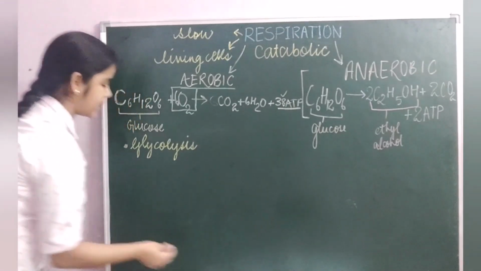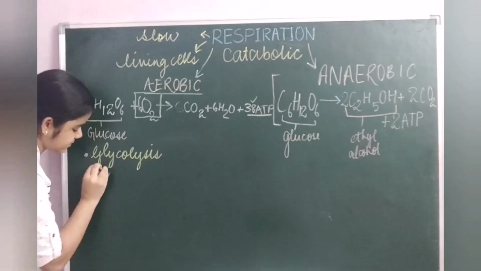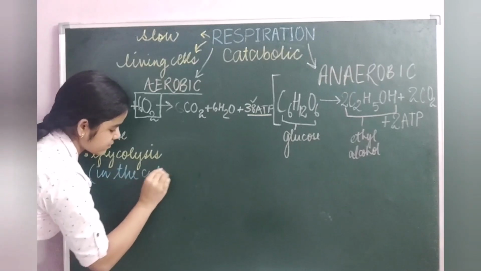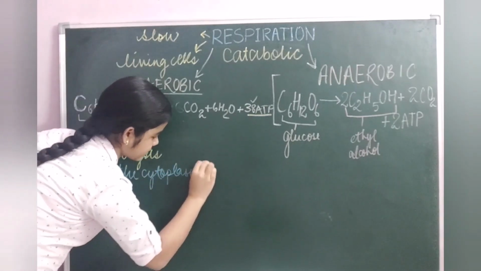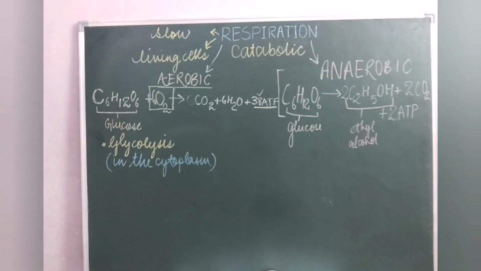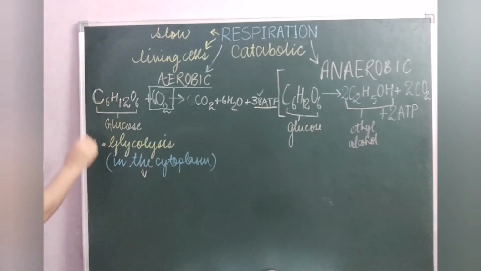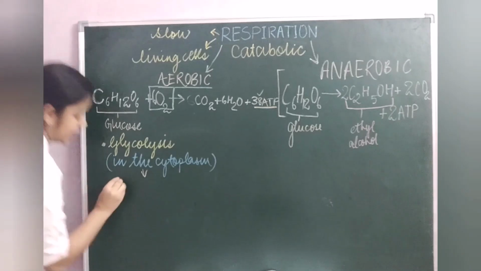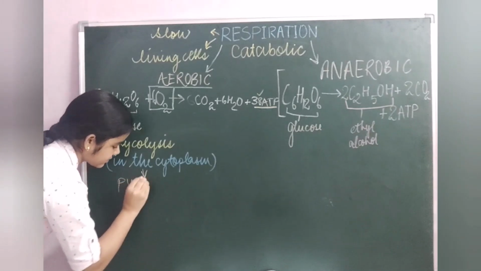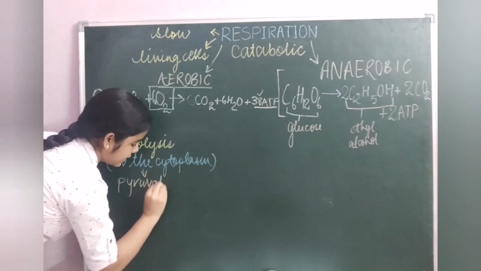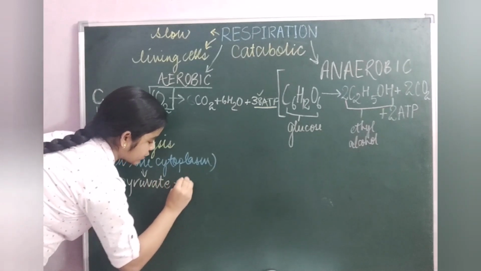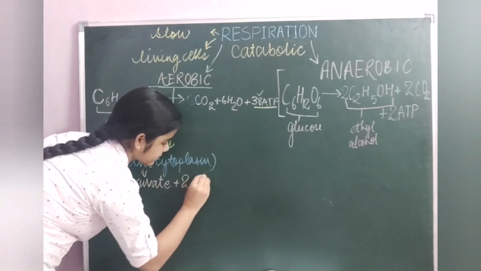Now, glycolysis occurs in the cytoplasm. When glycolysis occurs, it turns the glucose into pyruvate and releases energy of about 2 ATP.